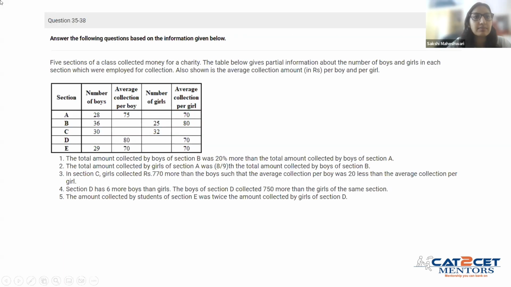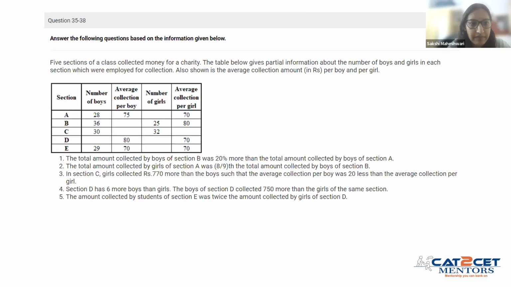Now let's see what is another one. For this, 5 sections collected money for charity, and the table shows the number of boys and girls in each section which were employed, and the average collection amount. So I think you need to complete the table with the following data, and there are a lot of values, so this should be simple.